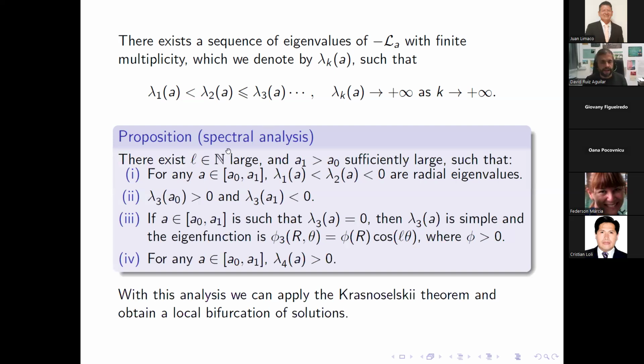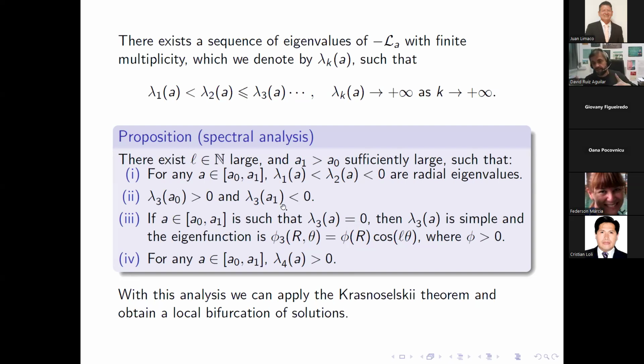There exist L sufficiently large and A0 and A1, which are also large, such that the following holds. The first and second eigenvalues are related to radial eigenfunctions, and both of them are negative. Instead, the third one is not related to a radial eigenfunction, and it changes from negative to positive: at A0 it is positive, and at A1 it is negative.